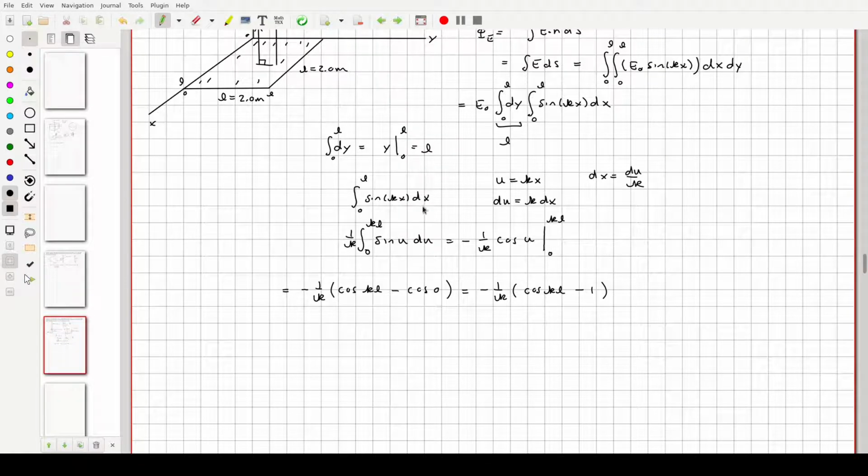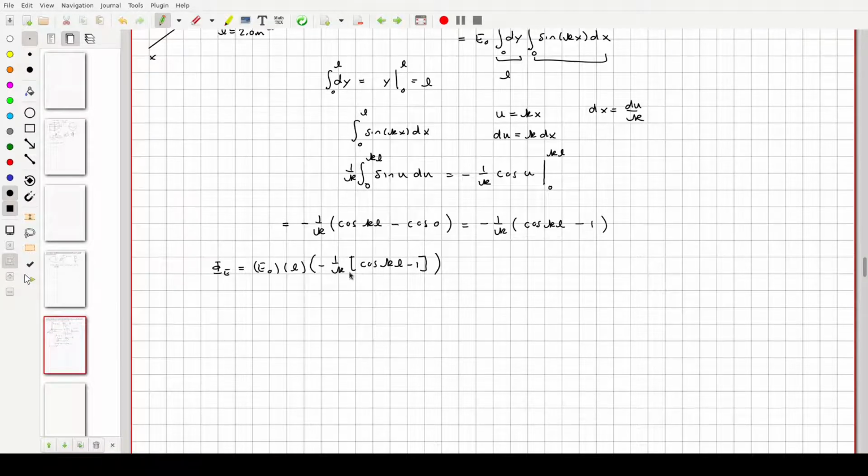So that's what this is right here. That's this. So altogether, the equation for my electric flux is going to look like E naught, that's the first part, that's what's out in front, L, that's this, times minus 1 over k, cosine of kL minus 1.